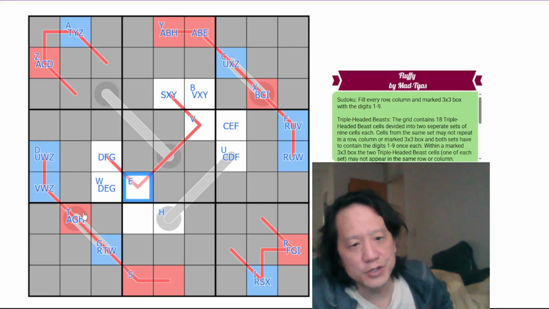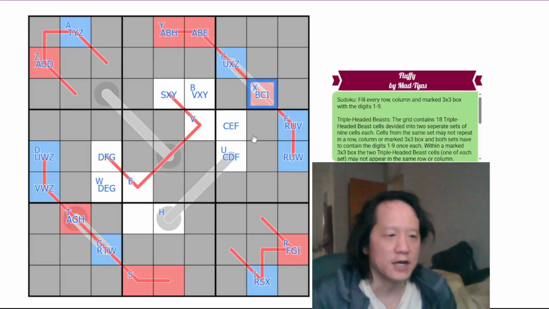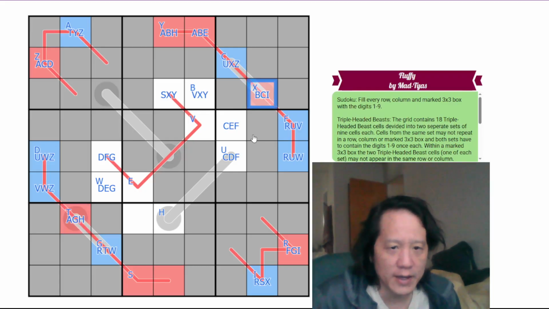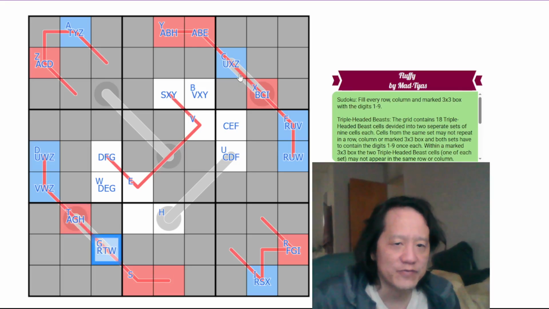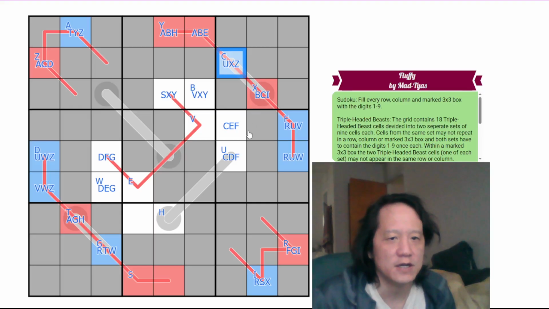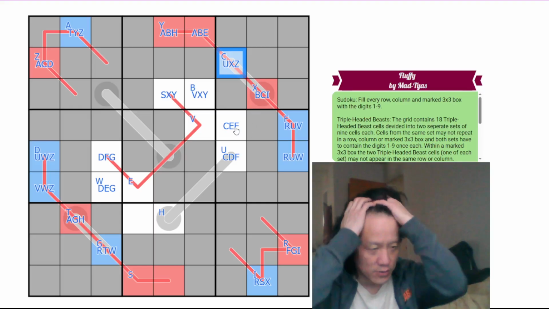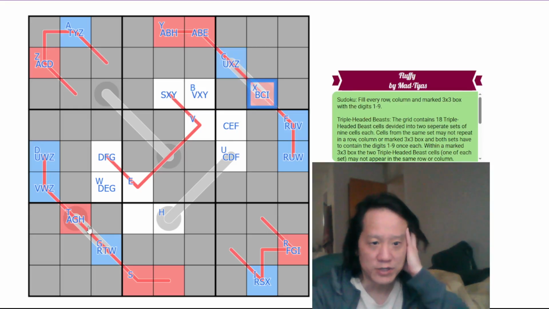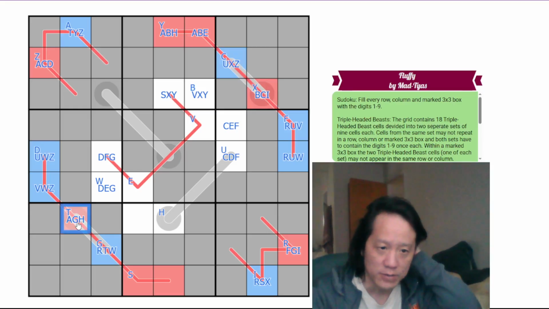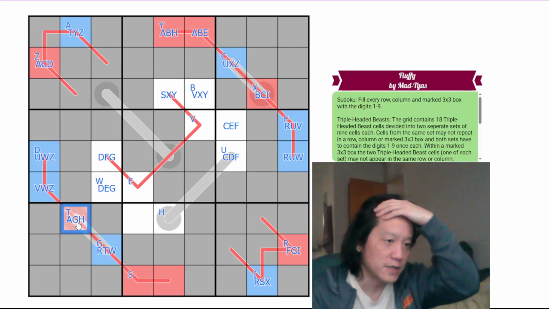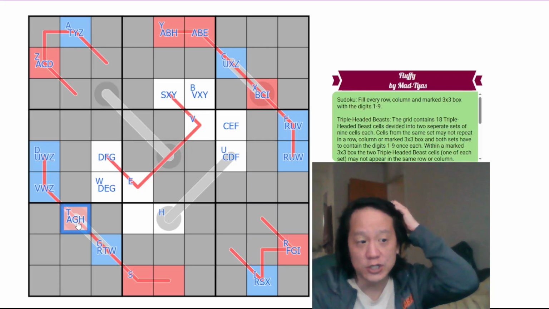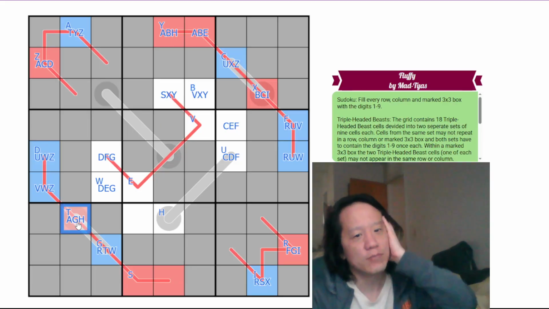Right. So we knew AGH and BCI had to be 9 less than the sum of C and G, which is RTW and UXZ. That means if you add those together, and they're all different numbers because they're all different letters here, they cannot be the same digit in each set.